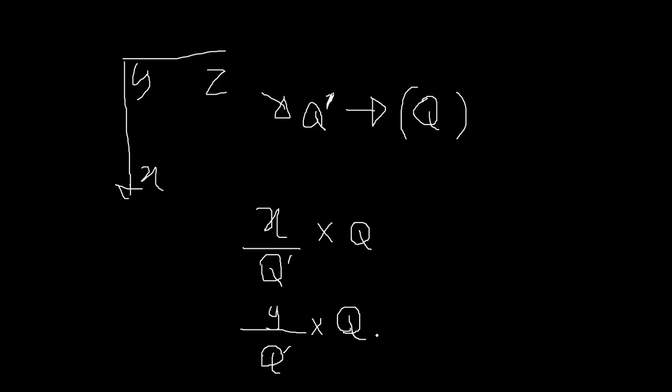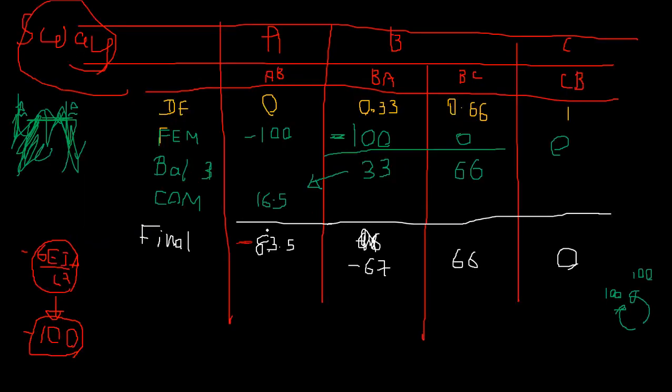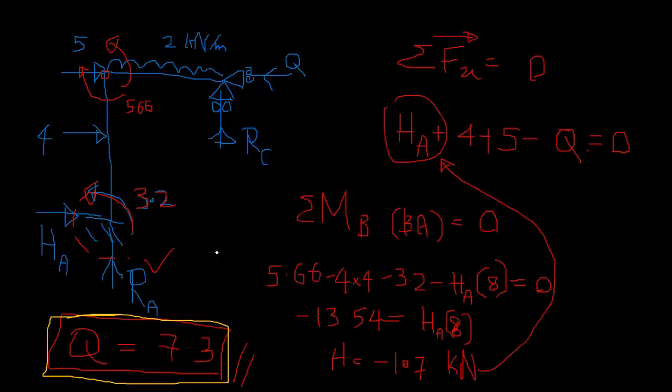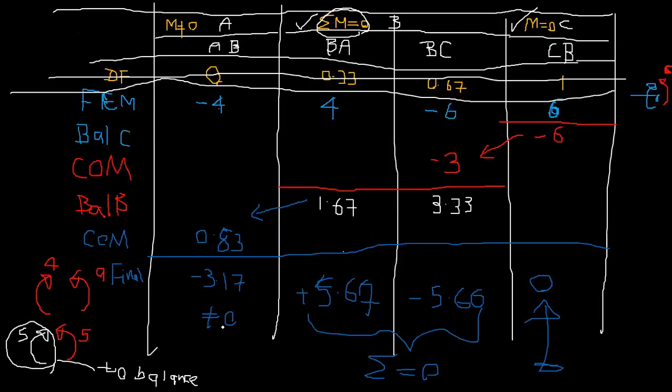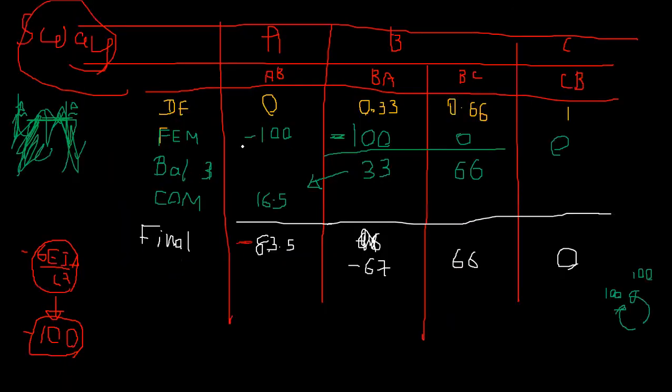So from this, you can take the final bending moments. MAB was minus 3.17. This is from the Nonsway frame.